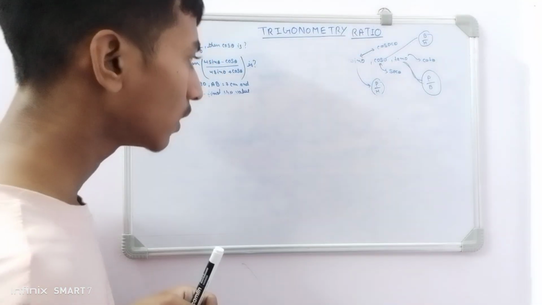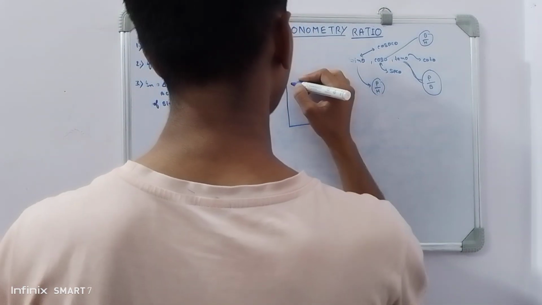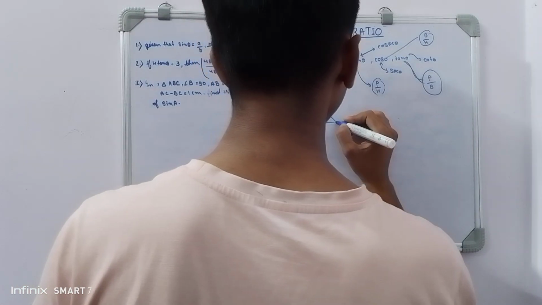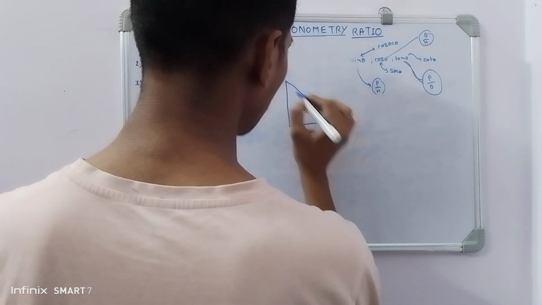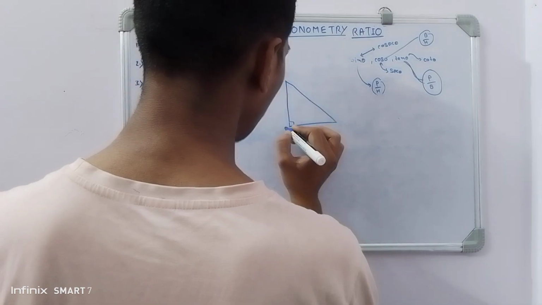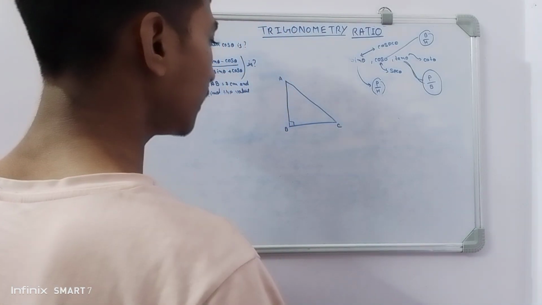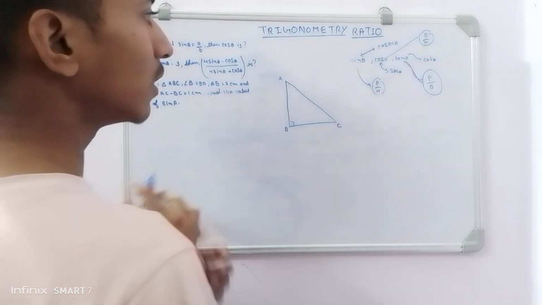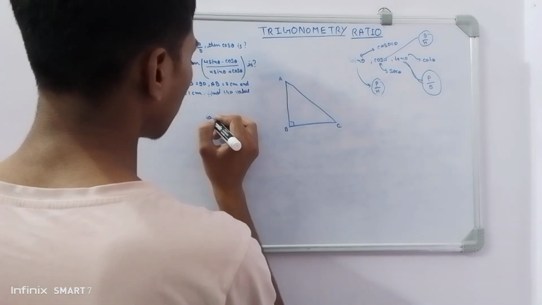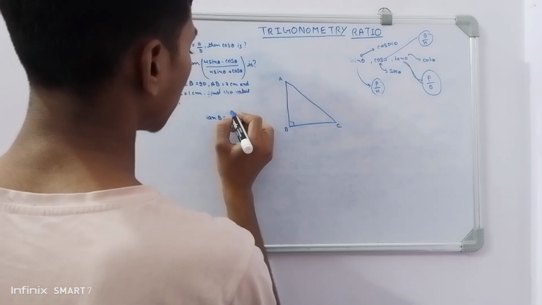Now let's suppose another triangle in which this one is A, this one is B, and this one is C, and I am giving you tan of B is equal to 1.